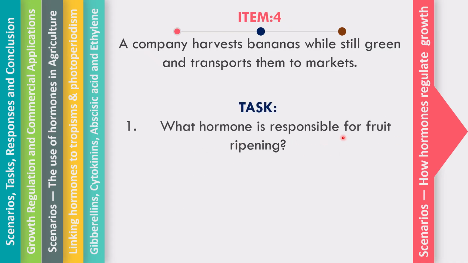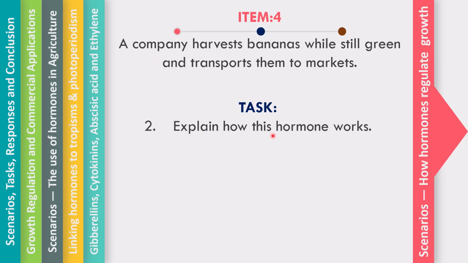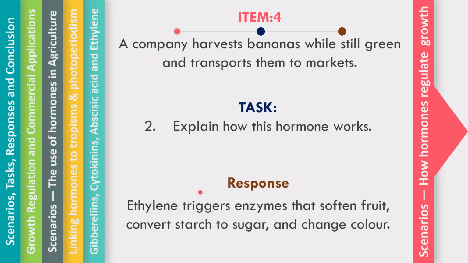What hormone is responsible for fruit ripening? Ethylene. Explain how this hormone works. Ethylene triggers enzymes that soften fruit, convert starch to sugar, and change color.